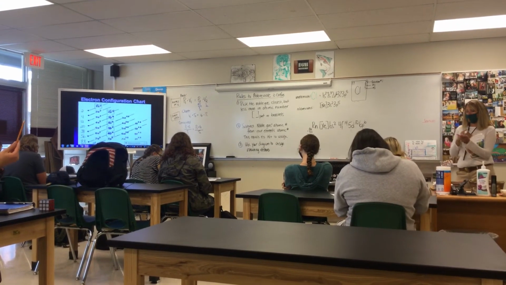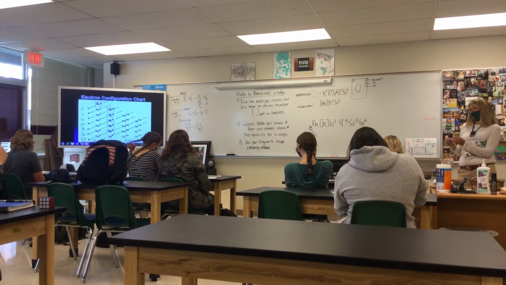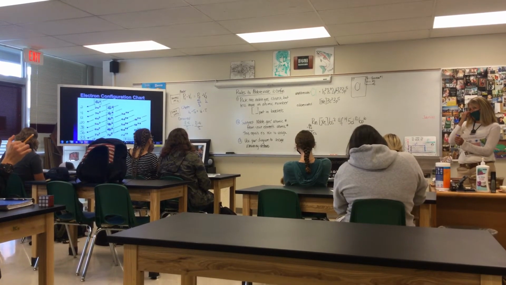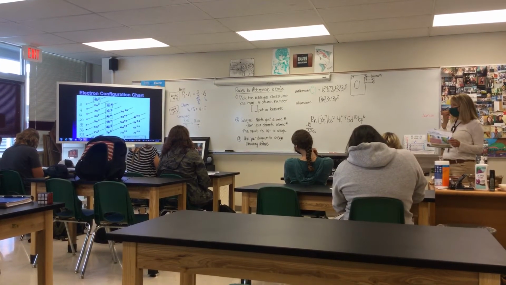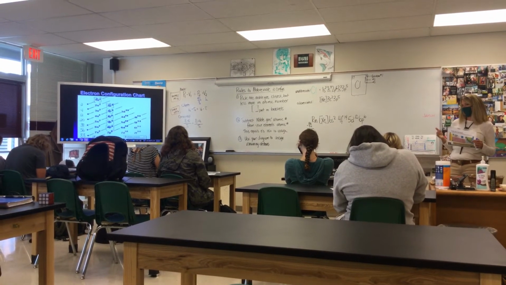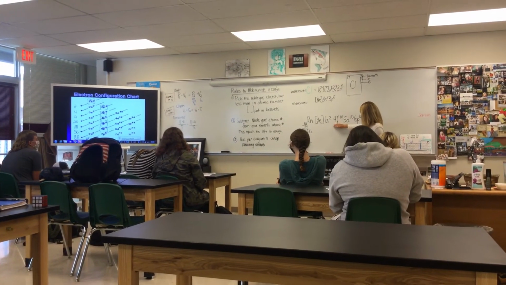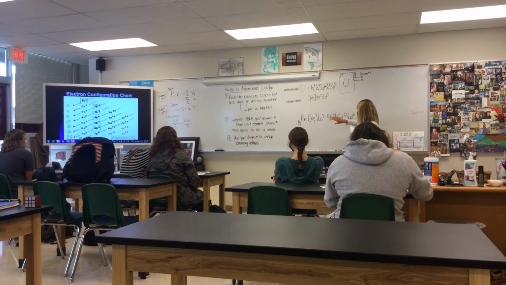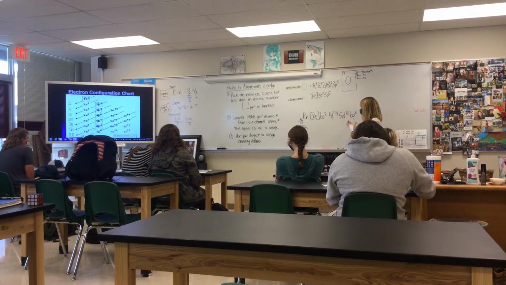So one thing I did not get is why do you do 4F and then 5D when you're in the 6th row? Oh, okay. Because that Aufbau principle said we always fill the lower energy levels first, and the 4F comes in long before the 6P.